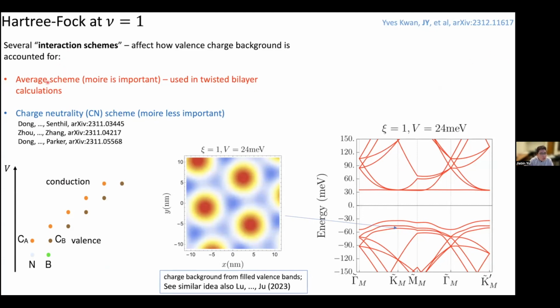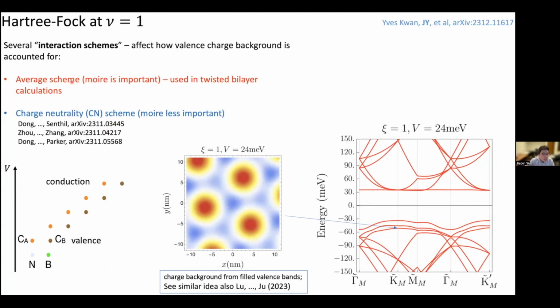And in our work, we use an average scheme, which has been widely used in twisted bilayer graphene, where the average scheme would automatically include a strong effect from the charged background. We also consider a charge neutrality scheme, which was also used in previous works on this system, where the charge background from the valence band is neglected.